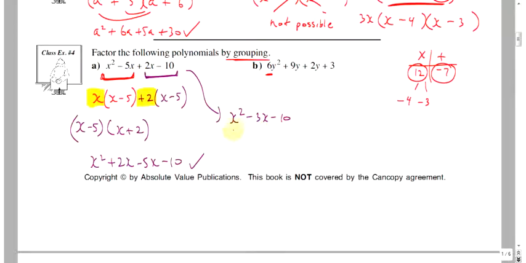I'll show you why tomorrow. But if you want to take that and do that by inspection, we'll get the same thing. Today, no. Don't worry about it. You don't want to do it that way. We're telling you to do it this way for a reason. You'll find out tomorrow, okay? If it says factor by grouping, don't combine them, leave them separate.